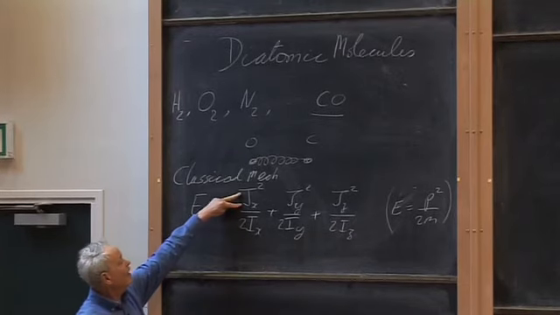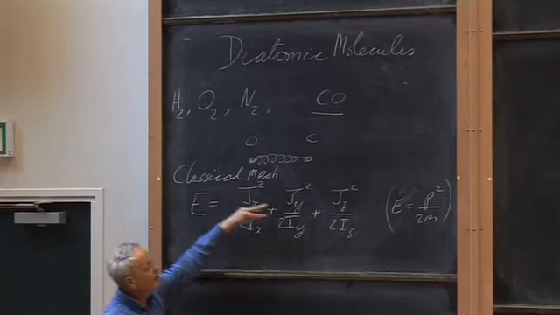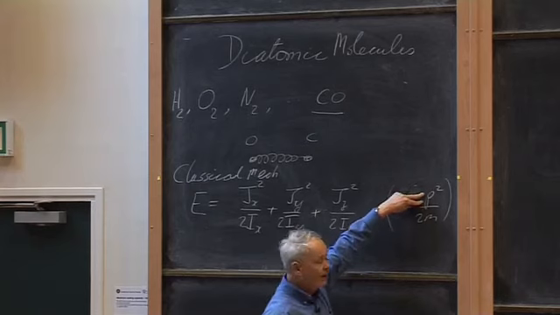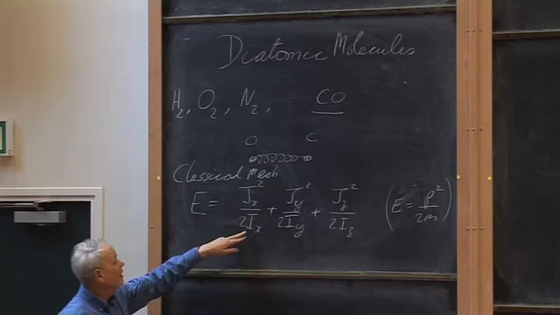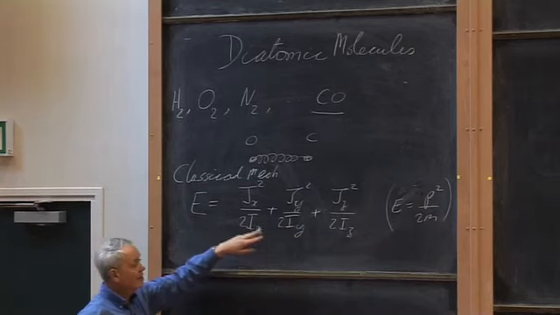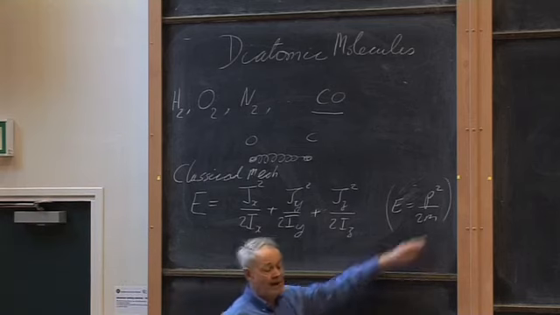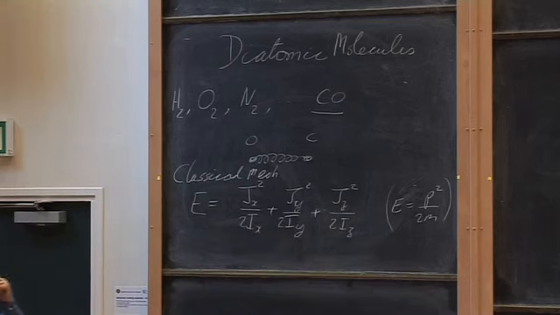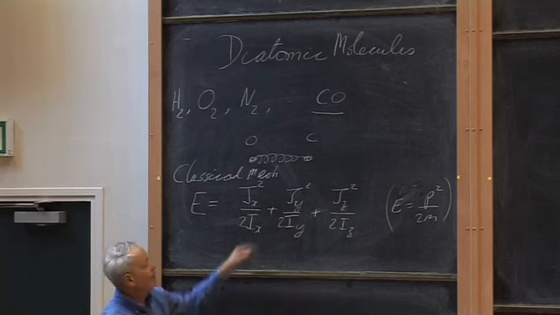So we have the x component of angular momentum instead of the x component of linear momentum, divided by the moment of inertia around the x-axis instead of divided by mass. So this is the classical expression for the energy of a thing like this.